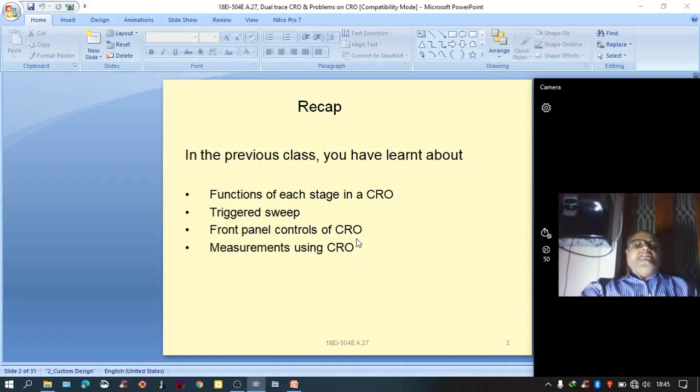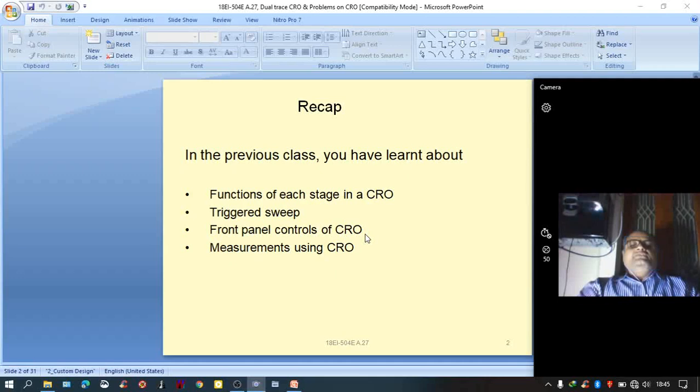Then horizontal amplifier controls we have seen for amplifying the sweep signal and for increasing or decreasing the sweep time period so that we will get a stable waveform.